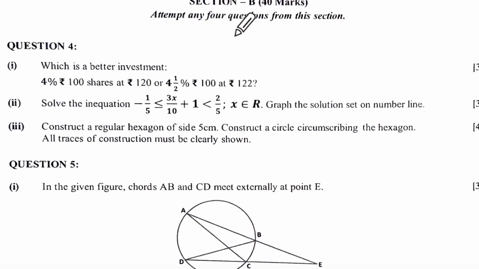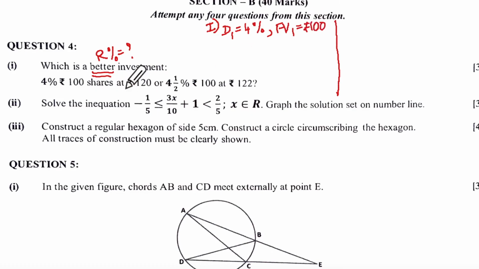Section B, the first one, which is the better investment, and they have given this and this, the two investments. Now whenever there is better investment, it means where my profit, that is R%, is more. Understood? So divide the page into 2 halves, and in the first investment 4% means D1% is 4%. Rupees 100 shares means FV1 is rupees 100, and it is at 120 means MV1 is equal to rupees 120.